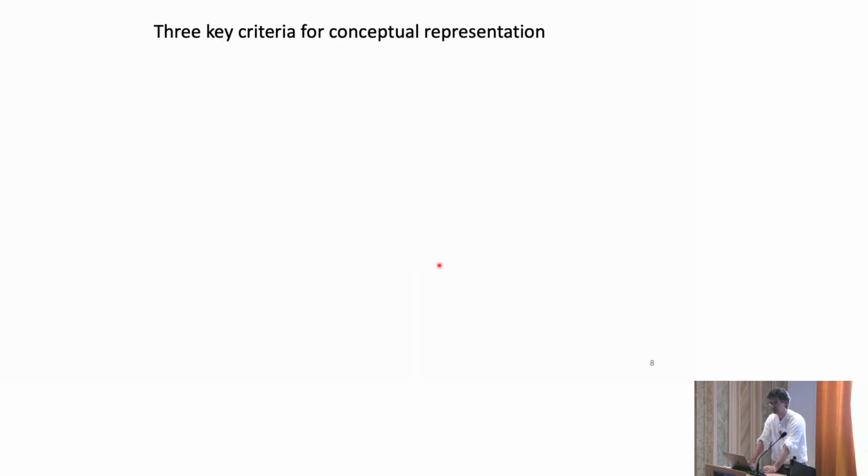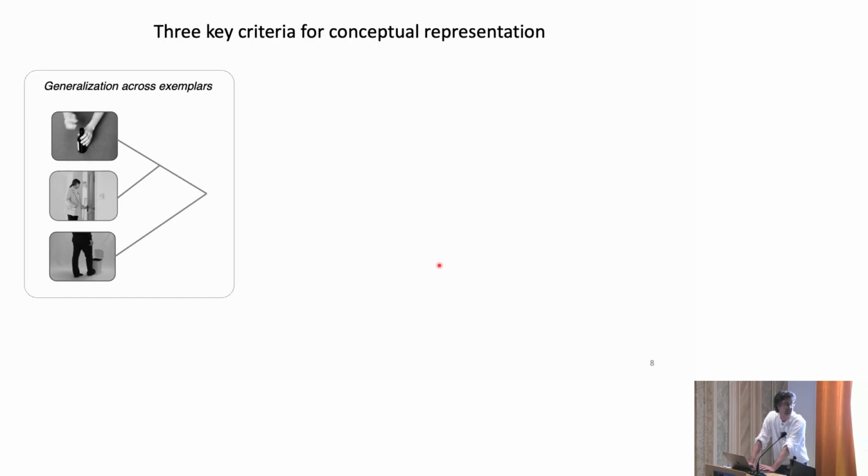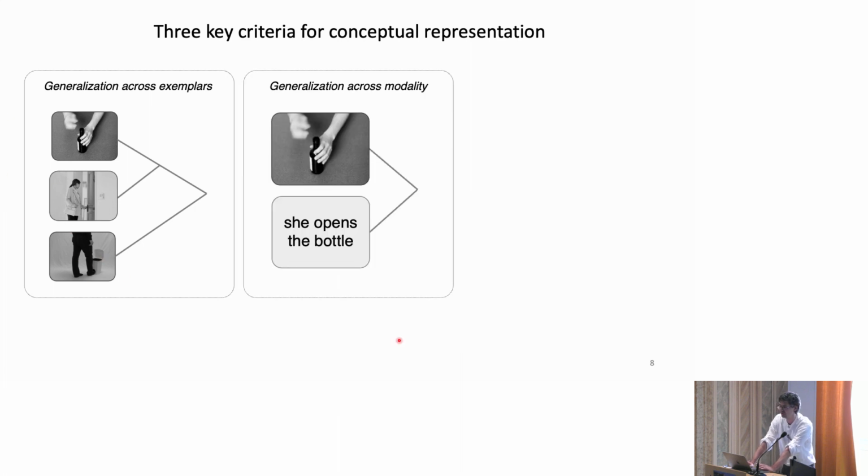Now, in a series of fMRI studies, we tested 3 criteria for conceptual representation. First, an action concept should generalize across different action exemplars, like opening a bottle, opening a door, or opening a trash bin. Second, an action concept should generalize across different input modalities or stimulus formats.